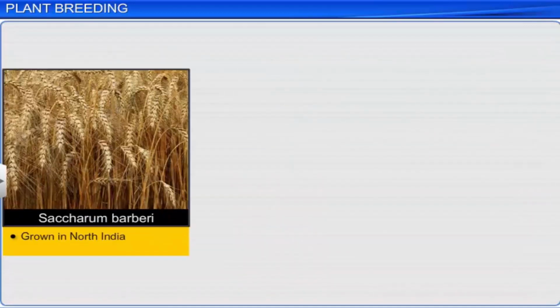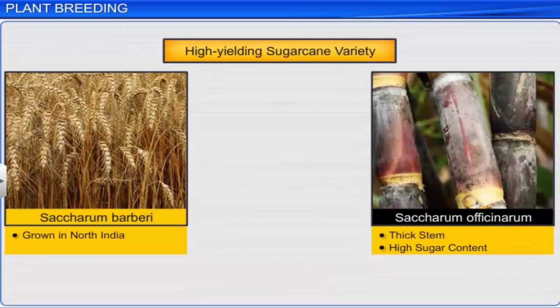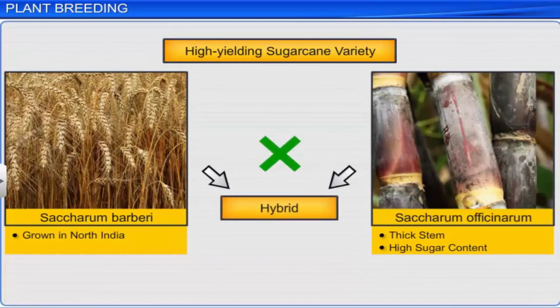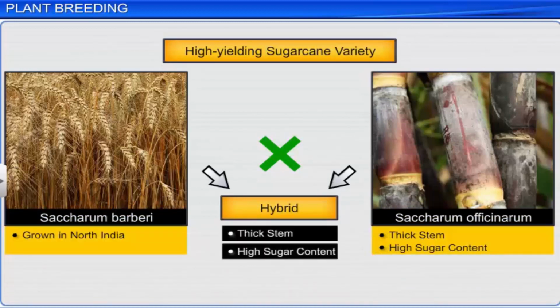In the case of sugarcane, Saccharum barberi and Saccharum officinarum were crossbred to get a hybrid. The hybrid obtained had both the characters of its parents, such as a very thick stem with higher sugar content, and the ability to grow in northern parts of India.